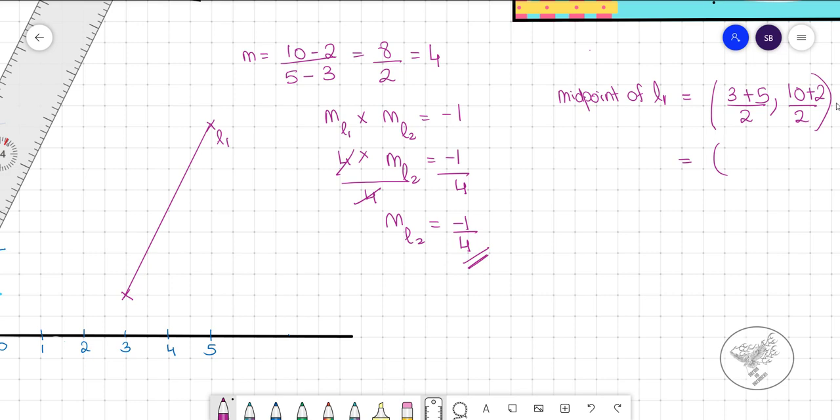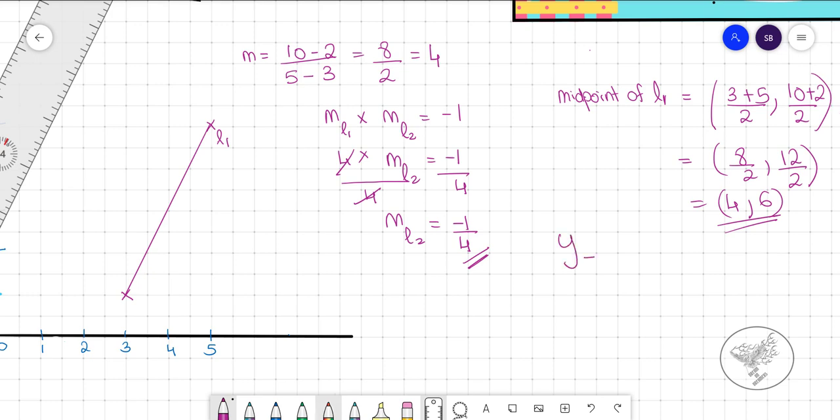That would be equal to 8 divided by 2, 12 divided by 2, which is equal to 4 comma 6. So we have got the center point, we have got the gradient.